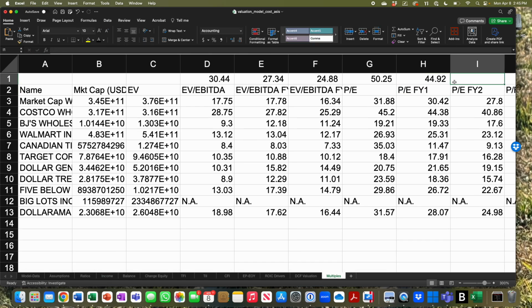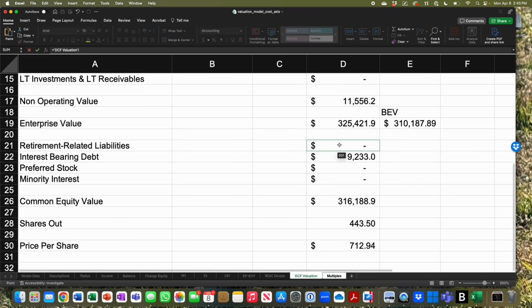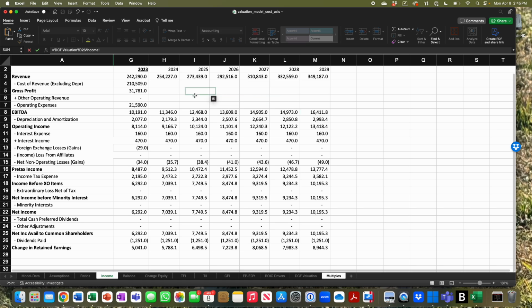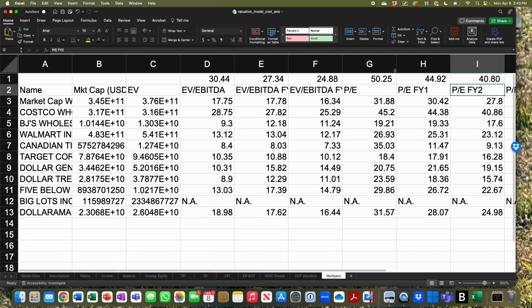And for the third forward year equals equity value divided by income I22. So that's the trailing PE, forward year 1, forward year 2. Trailing EBITDA, forward year 1, forward year 2. That's what's created in our as-is model.